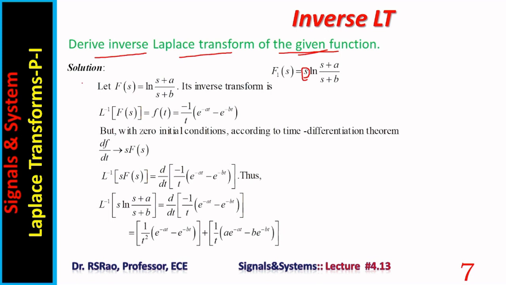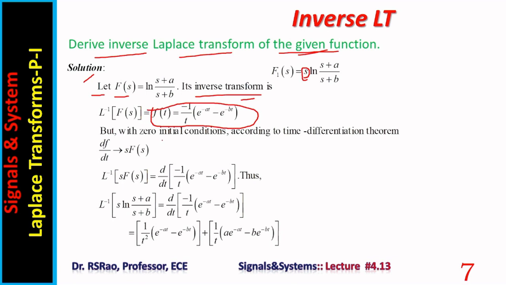Now, solution. Let F of s be natural logarithm of s plus a by s plus b. Its inverse transform is f of t equal to minus 1 by t times e power minus at minus e power minus bt. This has been found in the previous problem, brought from the previous slide.